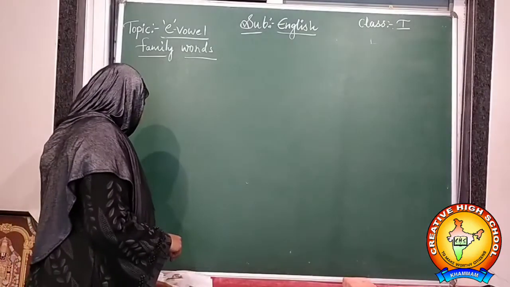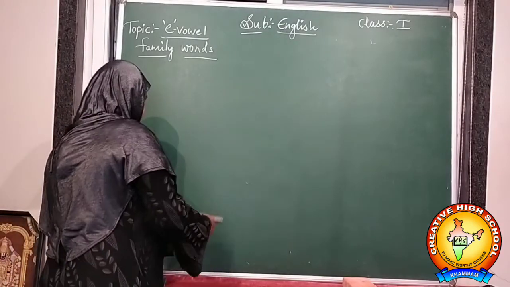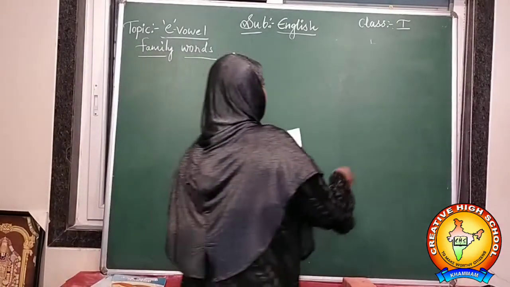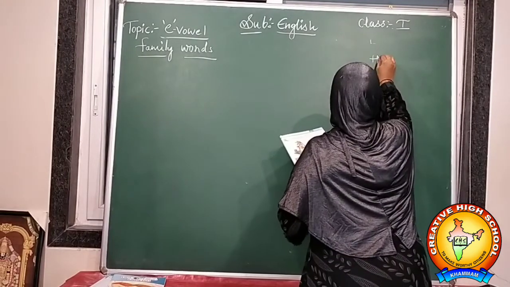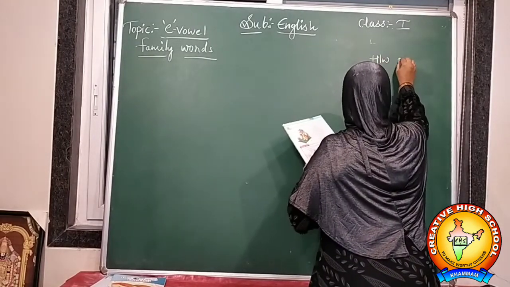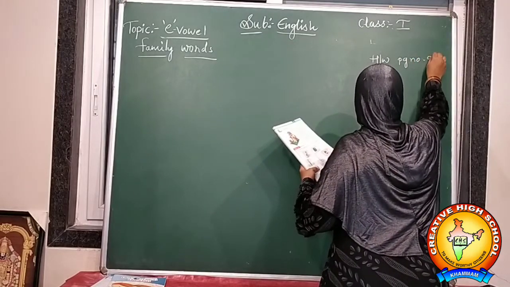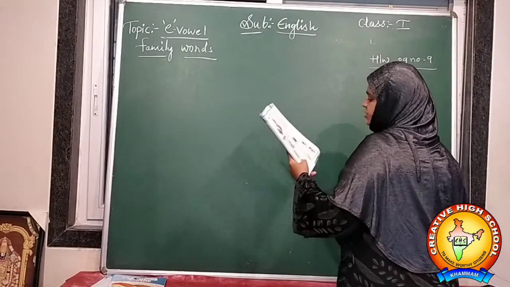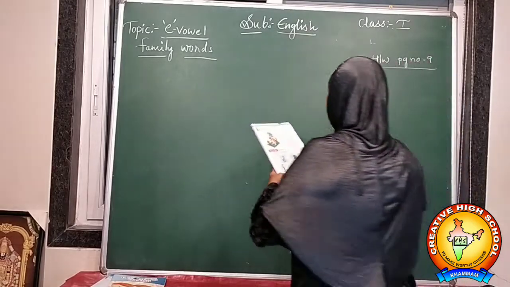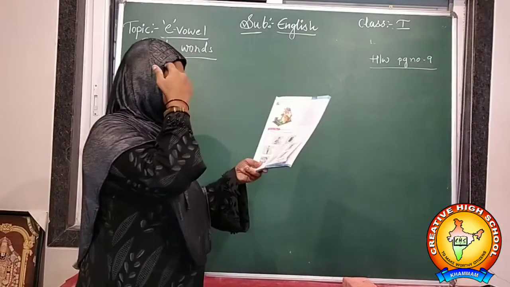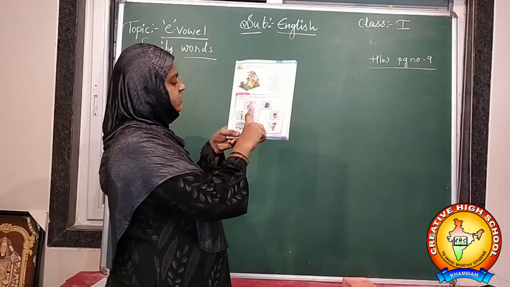So yesterday's homework is in the first picture. Can you tell me the homework I have given? That one is on homework page number 9, right? In this page number 9, what is the first picture here?